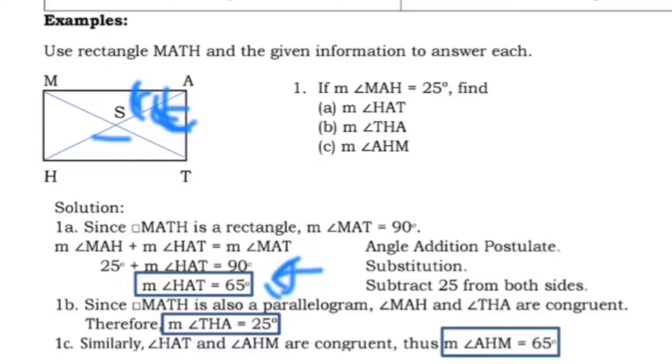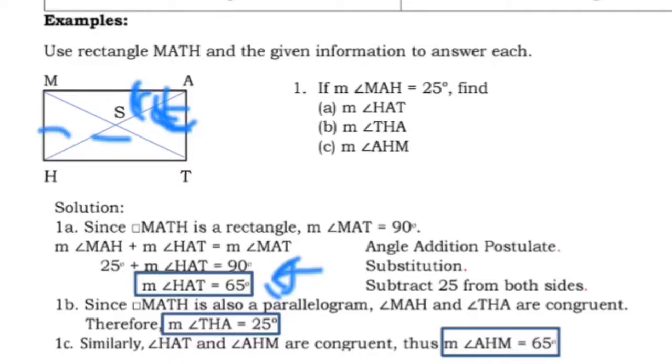Then solving for letter B, since MATH is also a parallelogram, angle MAH and angle THA are congruent. Therefore, the measure of angle THA is 25 degrees. For letter C, find the measure of angle AHM.